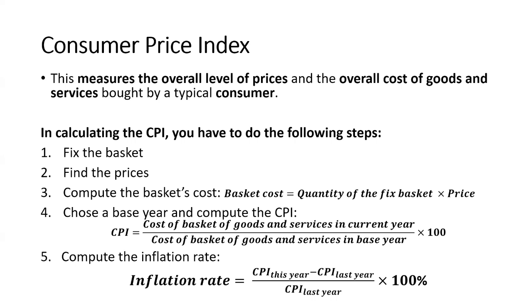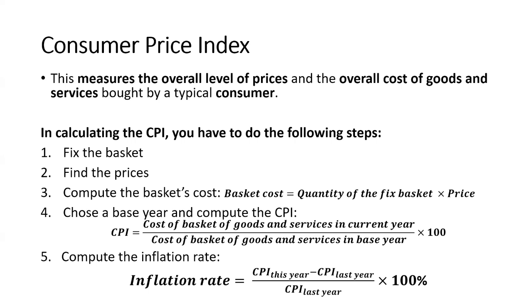The CPI inflation rate is equivalent to the CPI of the current year minus the CPI of the last year, divided by the CPI of the last year, times 100%. Take note, the inflation rate should be in terms of percentage, while the CPI is not a percentage but rather an index.